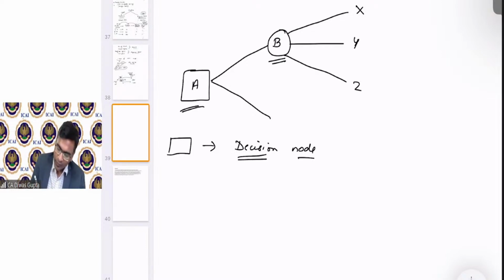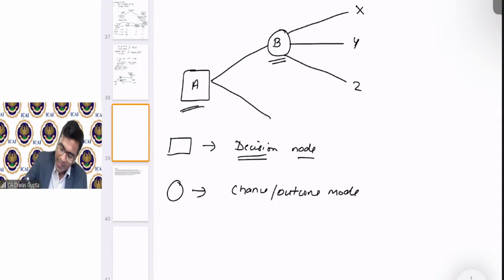The circle, which is B, is actually the chance or outcome node. So let's say we do this or we don't do this. A is a node where we decide whether we do or whether we don't do. If we don't do, it will go down. If we do, it goes to three outcomes.